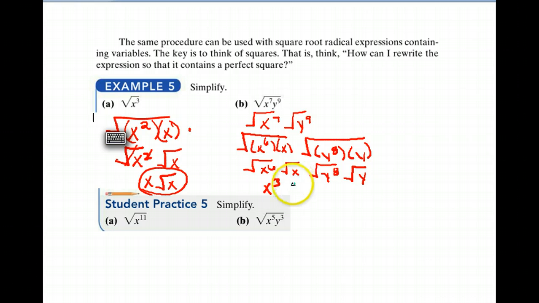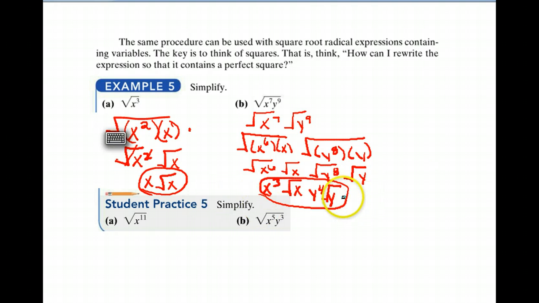This one cannot simplify, so we're just going to bring it down. Y to the 8th will become y to the 4th, and y by itself cannot simplify, so it stays in its square root. And there we are. There's our answer right there. X cubed, root x, y to the 4th, root y.